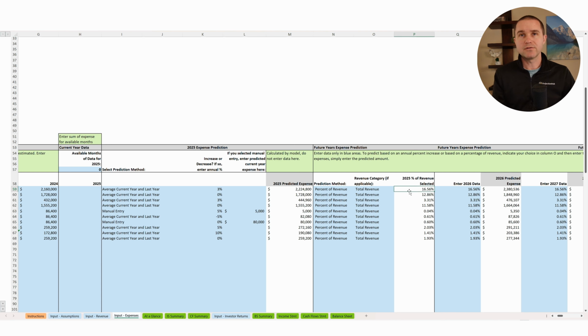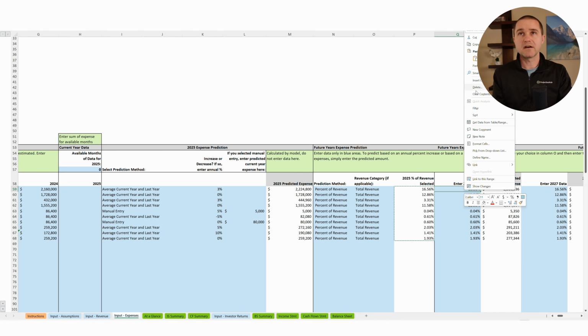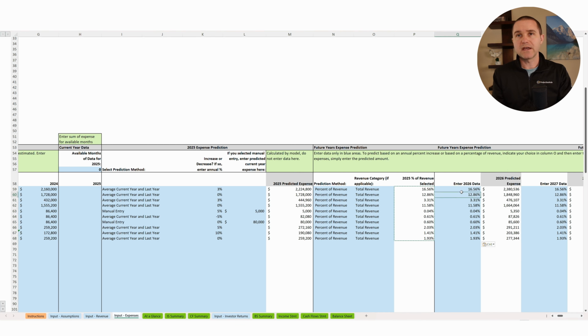This is going to tell you right here what percentage of revenue that expense line item was for the previous year. So what you can do, and what I often do, is copy this with Control C, right click here, and do paste values. We can just copy and paste the values in here for the future years.